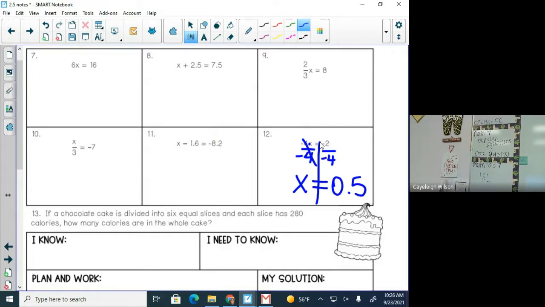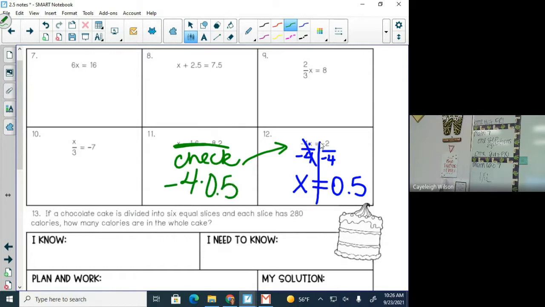So I'm going to check it. I would do negative 4 times x, because that's what the problem is. So negative 4 times 0.5, and you can use your calculator, or you can take half of negative 4, which is negative 2. Is that what it was supposed to equal? Was it supposed to equal negative 2? Yes, it was.